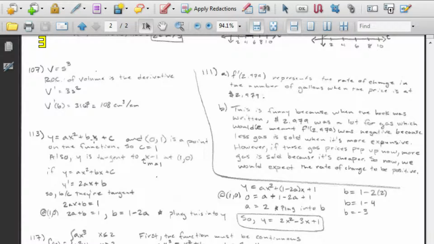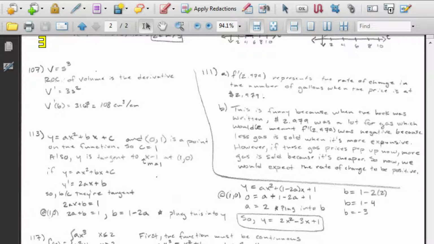It says y is equal to ax squared plus bx plus c, and 0, 1 is a point of the function, so c is equal to 1. We established that. Also, y is tangent to x minus 1 at 1, 0. So if y is equal to that, that means that y prime is equal to that. So because they're tangent, we established that 2ax plus b is equal to 1.